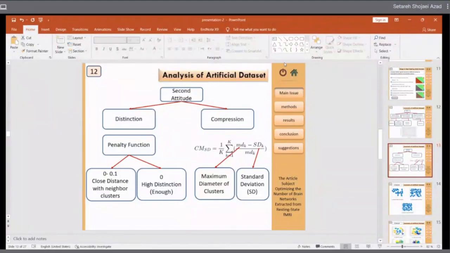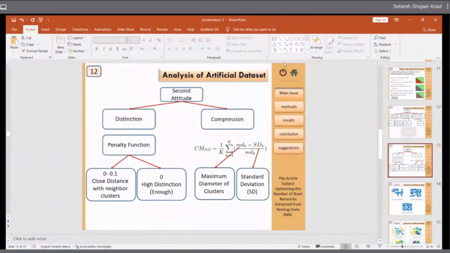A smaller standard deviation indicates that the data are closer to the mean, indicating that the cluster is dense. The maximum diameter of a cluster is the second indicator, the maximum scattering parameter, which shows how far the data extend in any direction in that cluster.